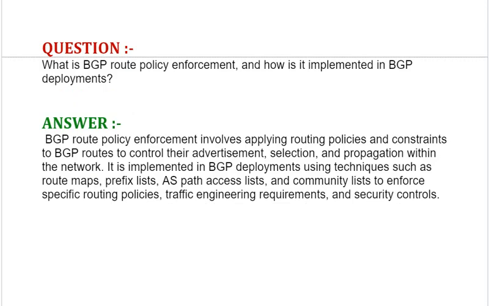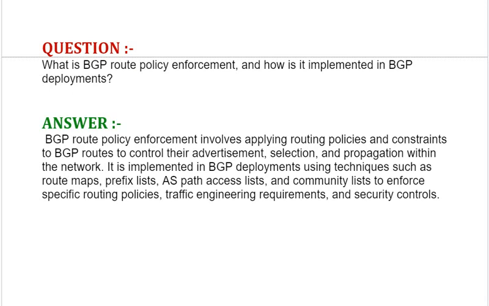Our next interview question is: what is BGP route policy enforcement and how is it implemented in BGP deployments? Your answer should be: BGP route policy enforcement involves applying routing policies and constraints to BGP routes to control their advertisement, selection, and propagation within the network.